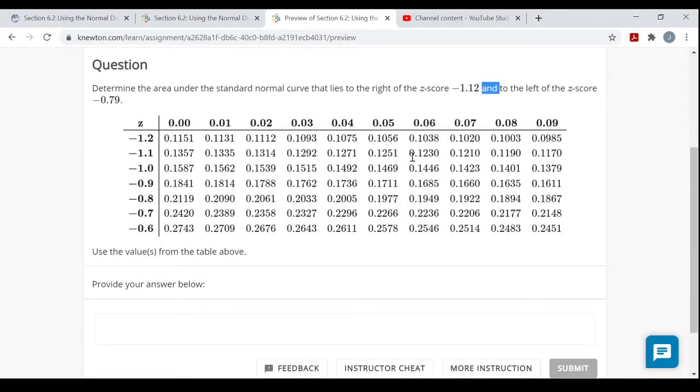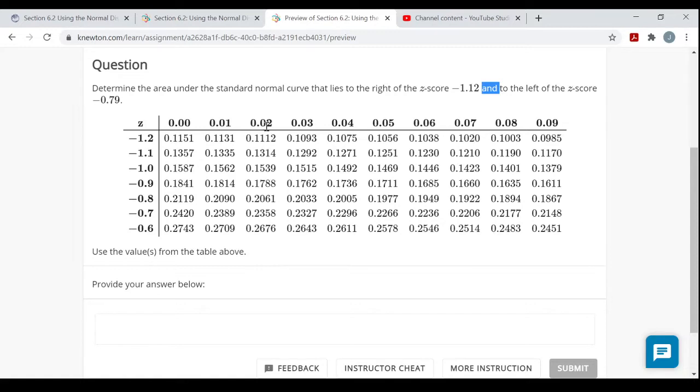Now, I will tell you right now, you find your Z-scores on the margins, the top row and the left column. So for negative 1.12, I go to negative 1.1, that's the second row. Then the hundredths place is 2, so I go to 0.02, the third column here.